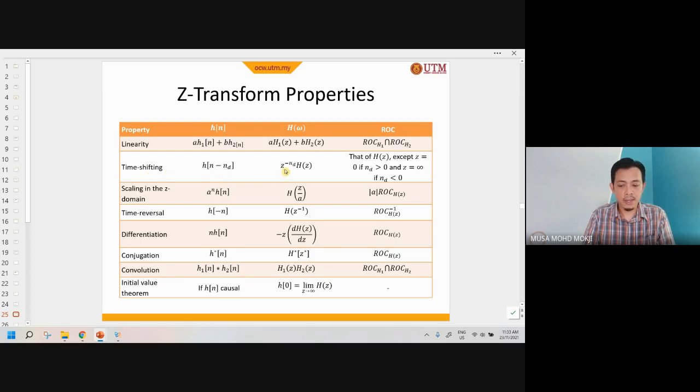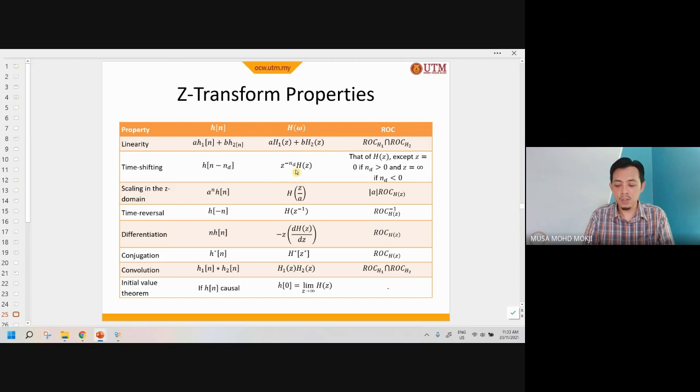If you have z to the power of minus n_d times H(z), so if this is H, then you'll have h here. But that n_d becomes the delay in the time domain. If you have Y here, then you will have y here. If this is X, then this is x.